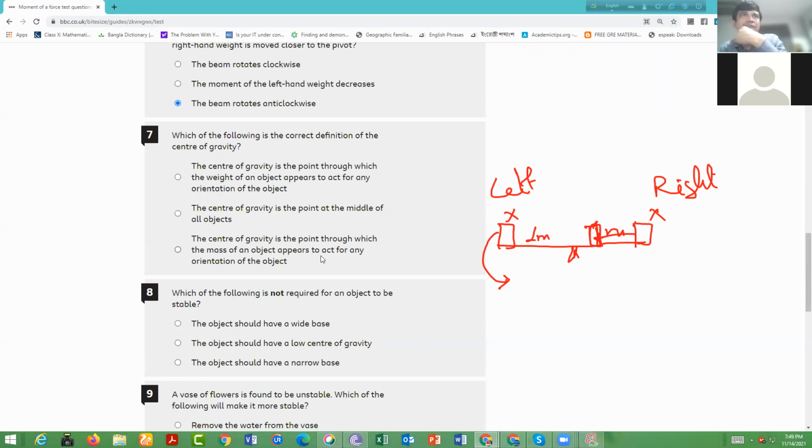The center of gravity is the point through which the mass of an object appears to act for any orientation of the object. Which one? The second one. Why? Because gravity doesn't affect the size no matter what. We pull the same.